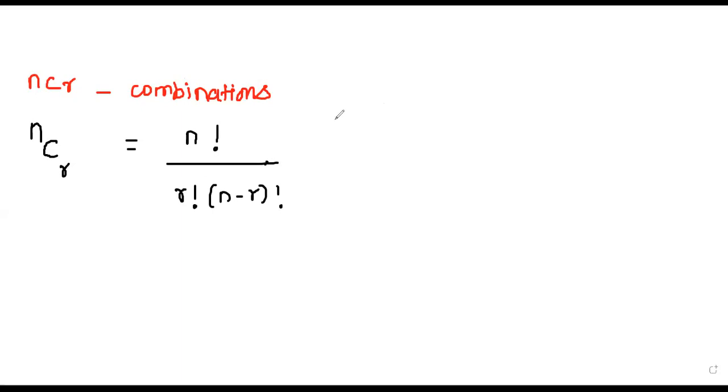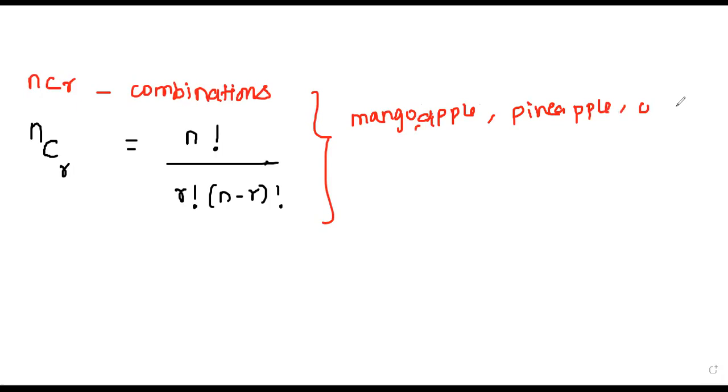Okay. So I'll tell you a small example for the combination. Assume you have different kinds of fruits, maybe mango, apple, pineapple, orange, strawberry, banana.